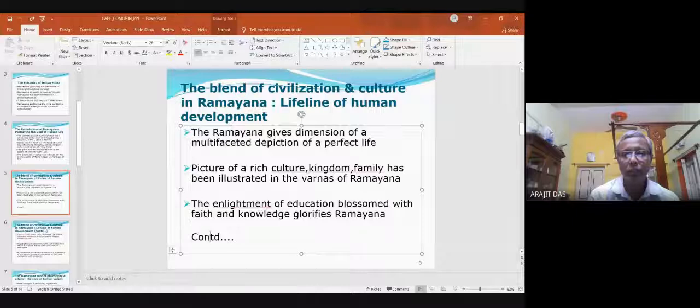Though this is an epic, it gives us a multifaceted picture of how human life can be, and an inside picture of the human life reflected at that point of time. It also depicts a rich culture, kingdom, and family, illustrated in the Varnas of Ramayana. The enlightenment of education, blossomed with faith and knowledge, glorifies Ramayana.